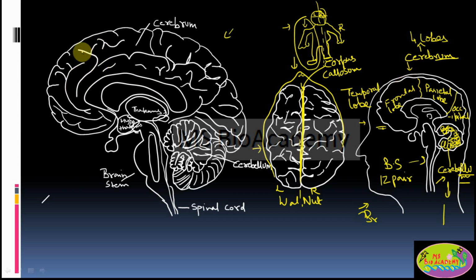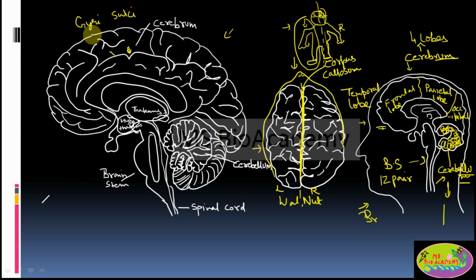Now you can see inside the cerebrum there are folds, depressions and grooves, and some elevations. The elevations are called gyri, and the depressions or grooves are called sulci.